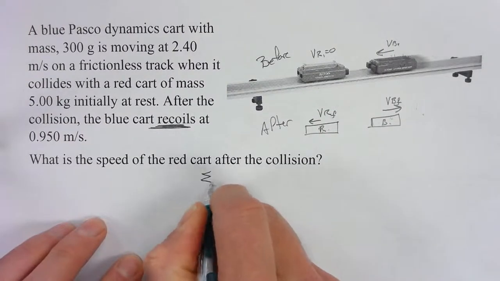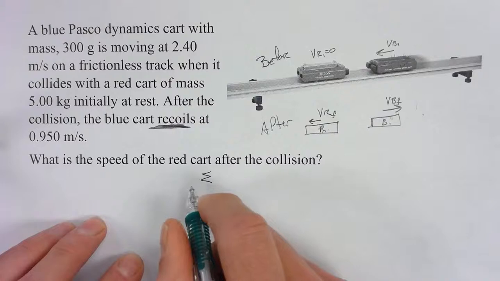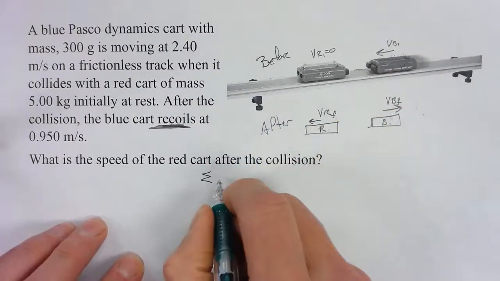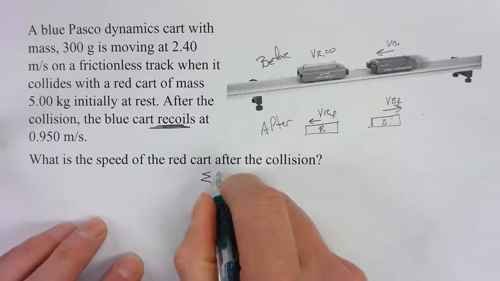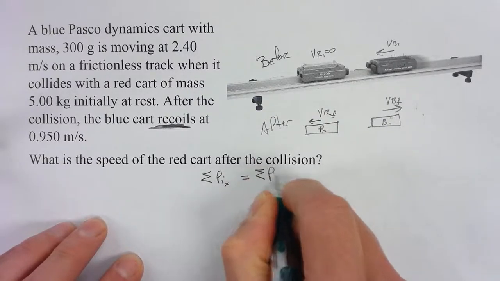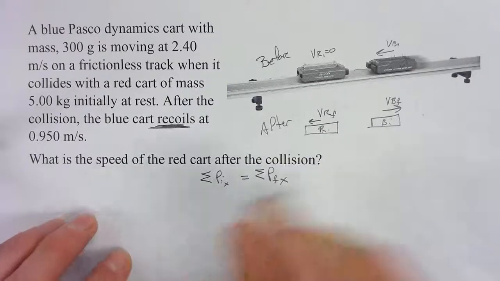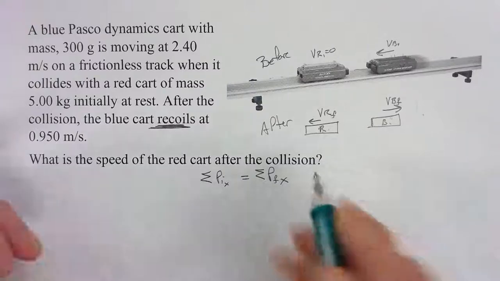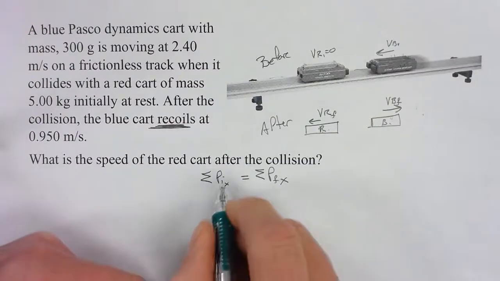pretty easily. So applying a conservation of momentum in the x direction, it's all in one straight line, so we can call that the x direction. The sum of the momentums initially in that x direction will equal the sum of the momentums finally in that x direction. We're ignoring any friction with the track, so there's no external forces.